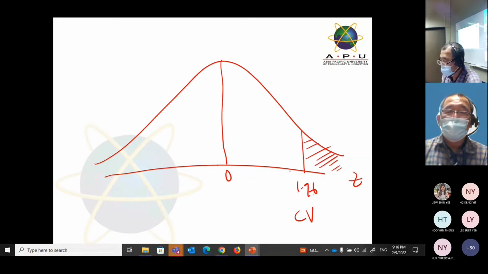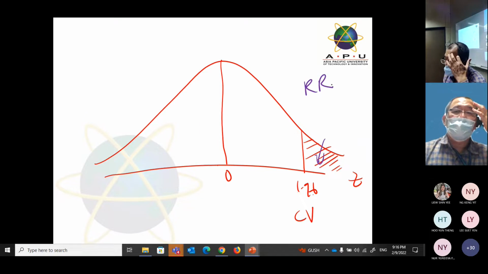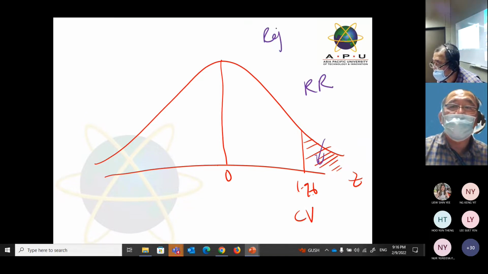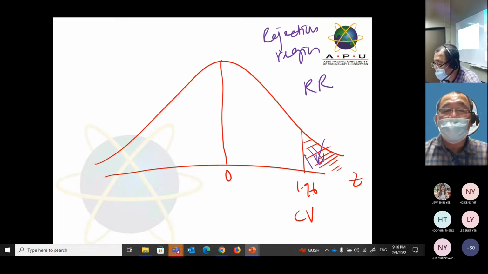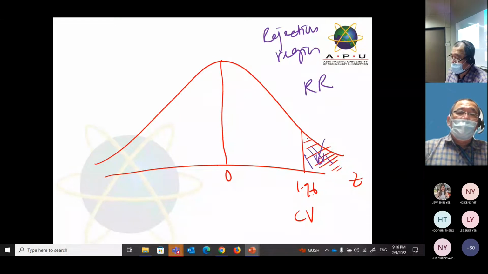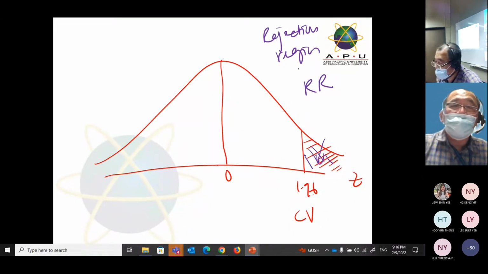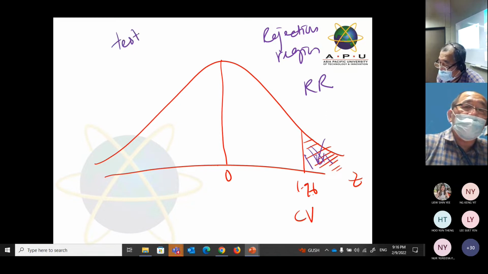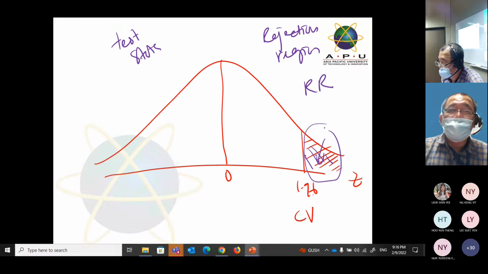Remember what we call this region? We call this the rejection region. The rejection region is this shaded area, a small area. So if the test statistic falls into this area, it means we can reject the null hypothesis.